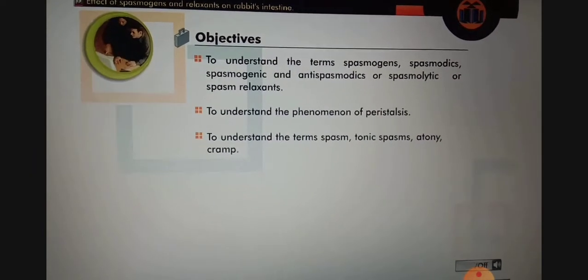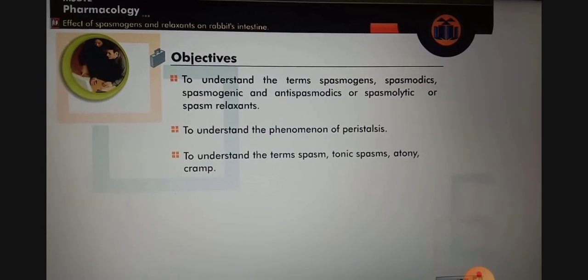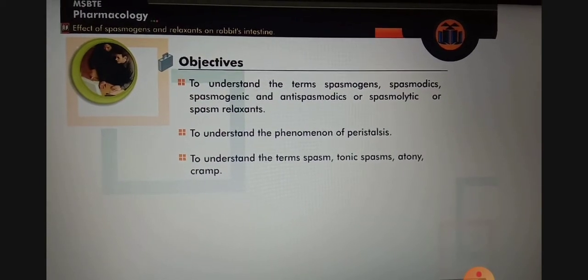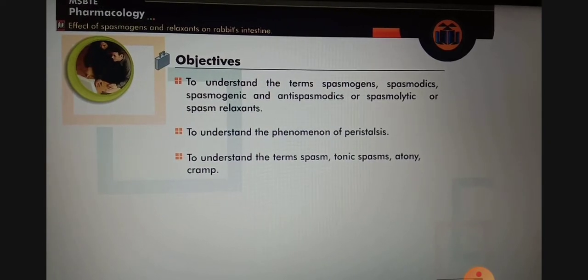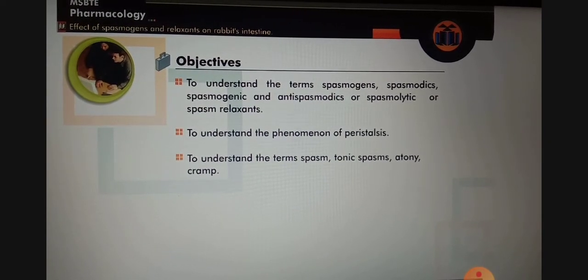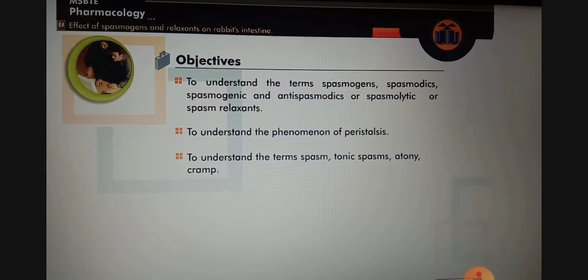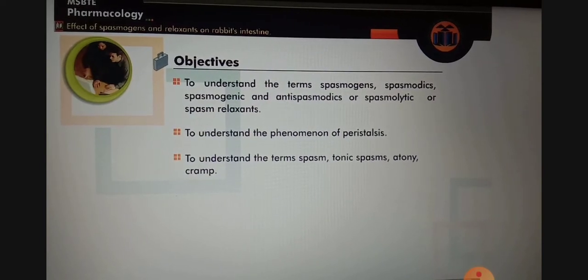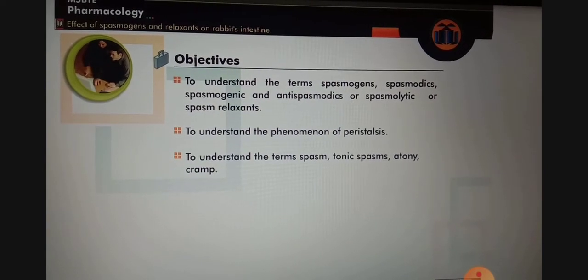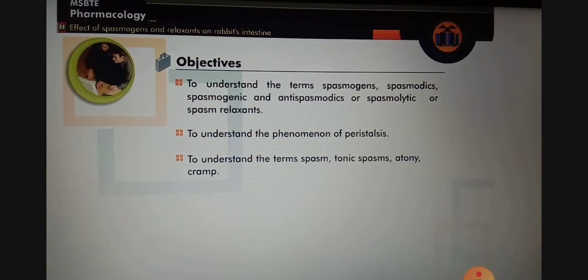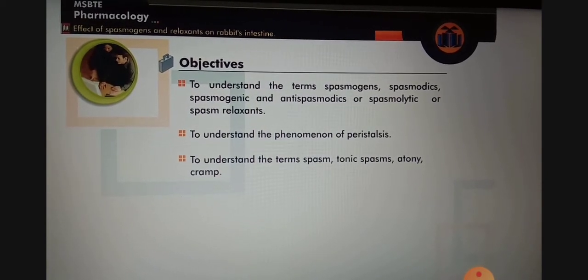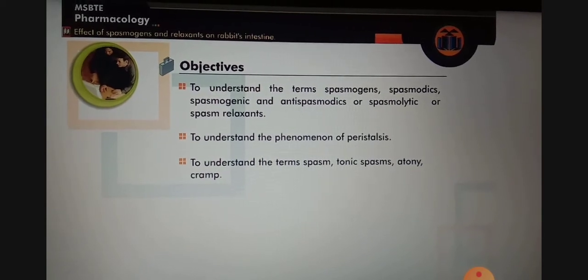The objectives of this experiment are to understand the terms spasmogens, spasmodics, spasmogenic and antispasmodics or spasmolytic or spasm relaxants, to understand the phenomena of peristalsis, to understand the terms tonic spasms, atony, cramp.